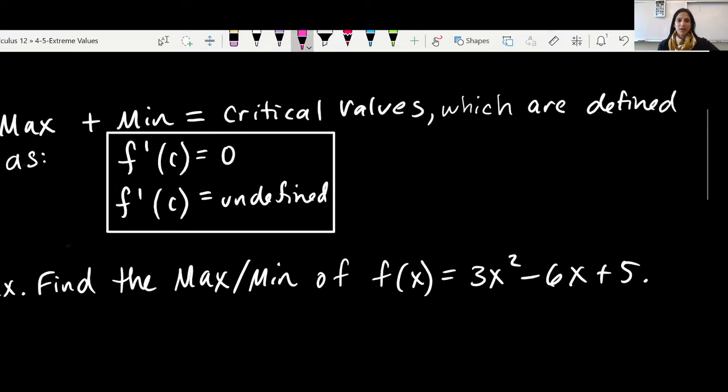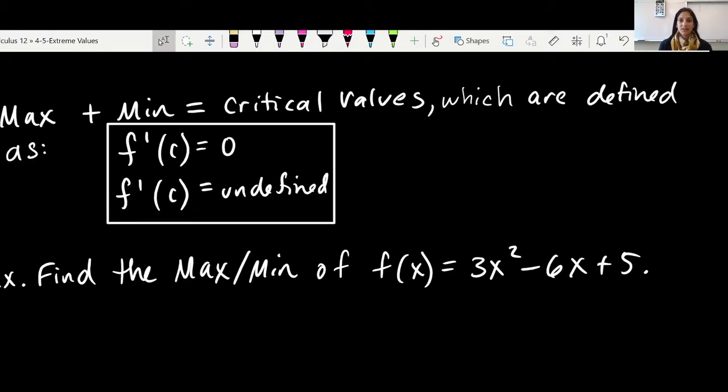Maximum and minimum are called critical values. So I feel like this is new vocabulary. You likely haven't heard of this before. I know you're familiar with maximum and minimum, but you probably didn't know that together we call them critical values.